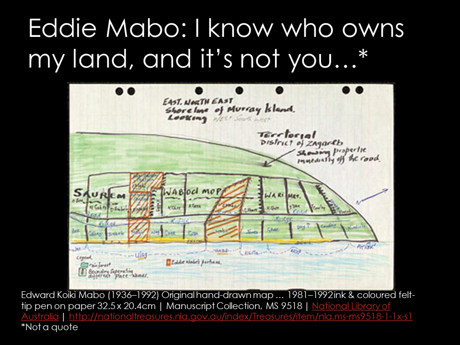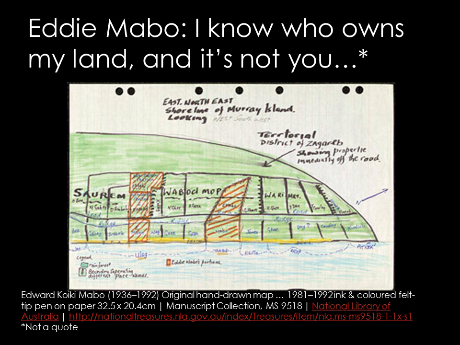And what you'll see on the screen here is from the National Library of Australia archives. It's a drawing made by Eddie Mabo, the lead applicant in this decision. And this was drawn just on a piece of paper from memory, which showed the traditional titles that he knew from his island in the Torres Strait.